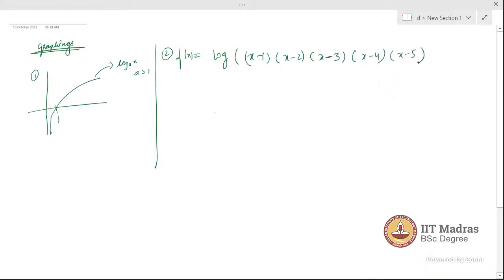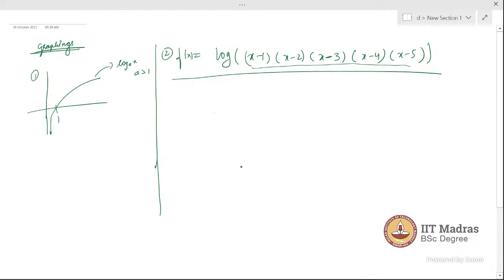We didn't make up an 11-degree polynomial, so let's stick to this for the time being. Now we have to draw the graph for this. To do this, as I told you, whatever is inside the log function, we'll first draw the graph for that, and then see how the log looks.